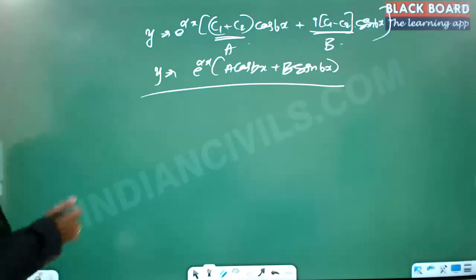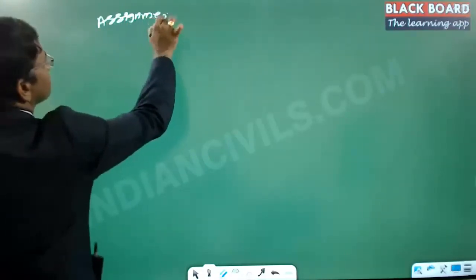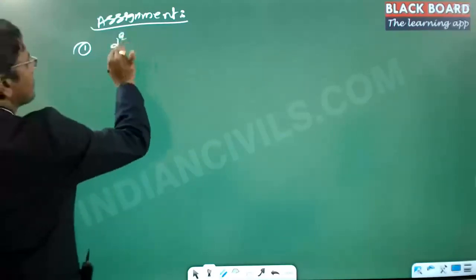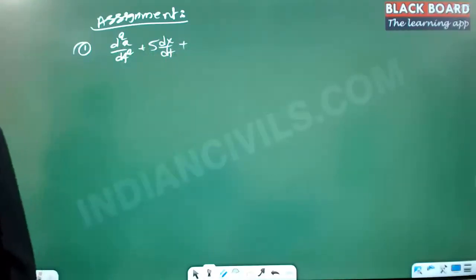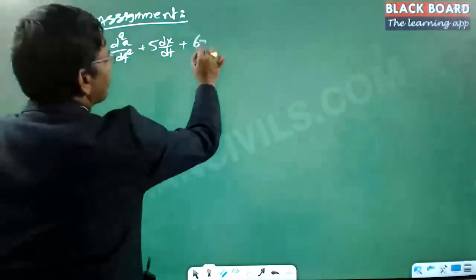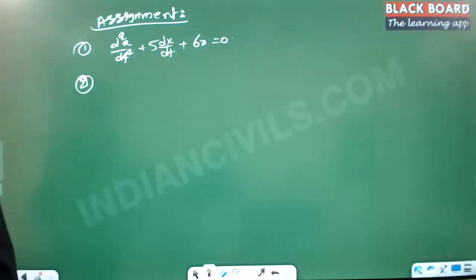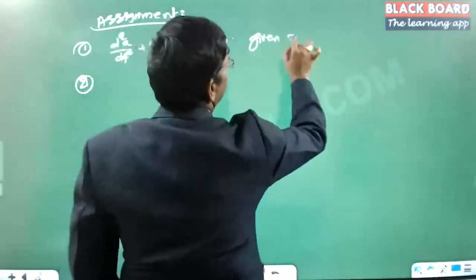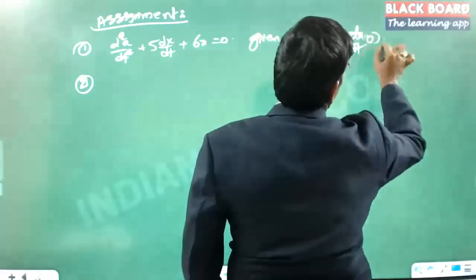Right? So note down these assignment problems. First one is d square x by dt square plus 5 dx by dt plus 6x equal to 0, given x of 0 is equal to 0 and dx by dt of 0 is equal to 15.